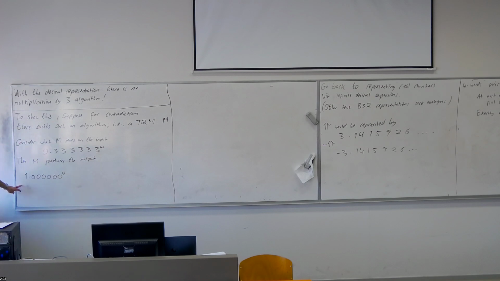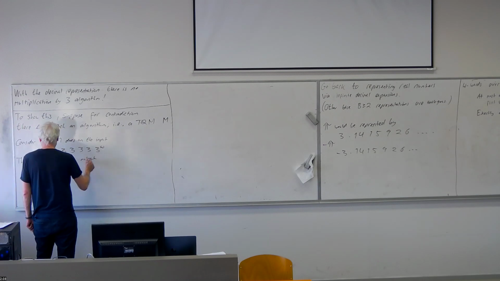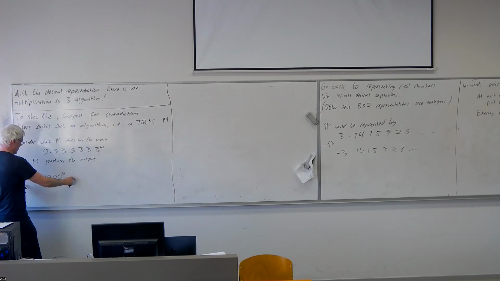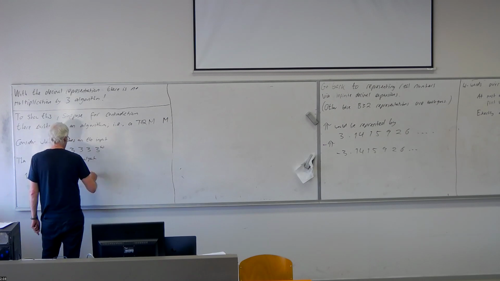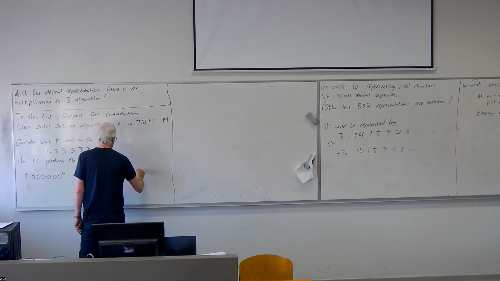Is there another possible behavior it could have? It could also output 0.99999. It will output exactly one of these two: either 1.00000 or 0.99999.